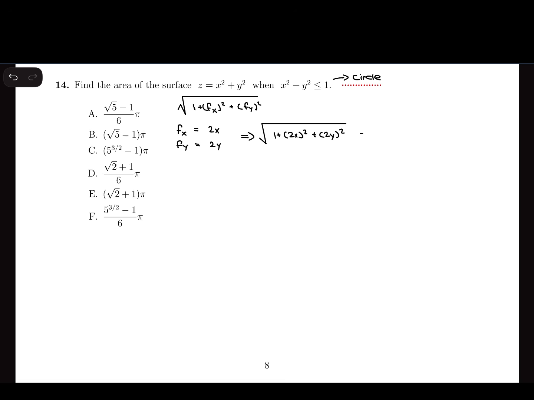Well, what does this get us? This gets us 1 plus 4x squared plus 4y squared. Now, I'm sensing something that I can factor out. Aha! You can factor out the 4, which gets you 1 plus 4 times x squared plus y squared.